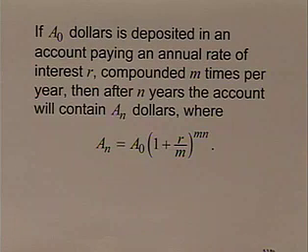Well, let's look at another kind of exponential model. This one involves interest. If A sub 0 dollars is deposited in an account paying an annual rate of interest R, compounded m times per year, then after n years, the account will contain A sub n dollars, where A sub n is A sub 0 times 1 plus R over m to the m times n power.